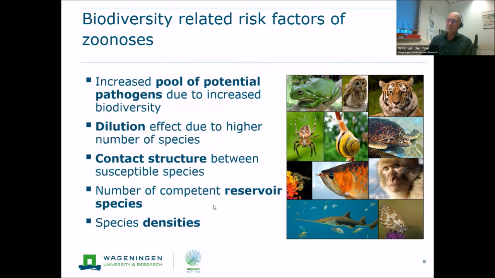In general, we assume that these changing contact structures between different species have an effect on transmission of agents between species and also on the emergence of zoonotic agents in humans.